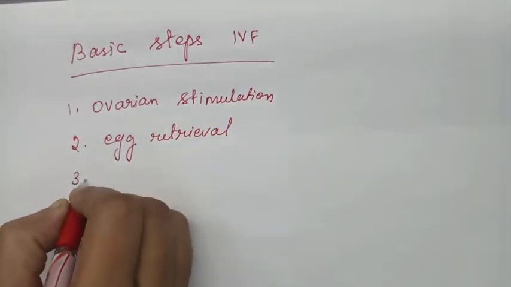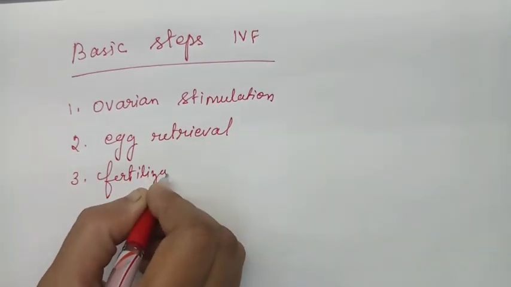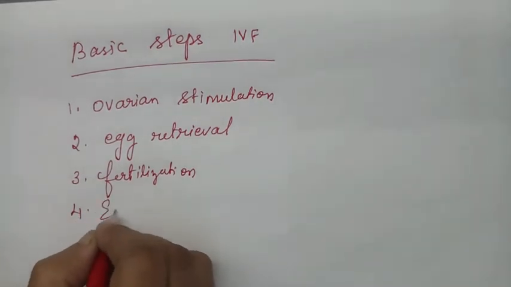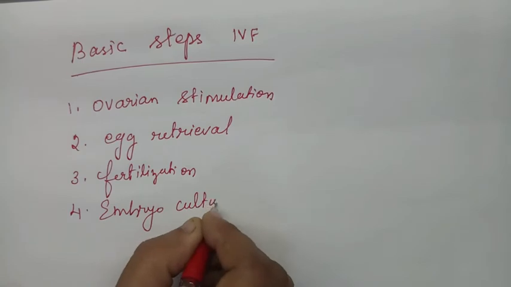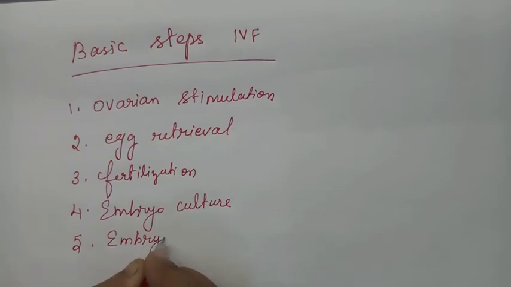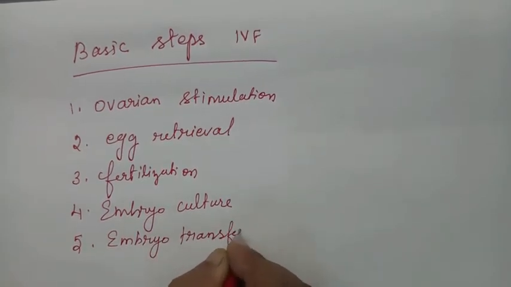Third step is fertilization. Fourth one is embryo culture. Fifth step is embryo transfer. That means embryo is transferred into the uterus.